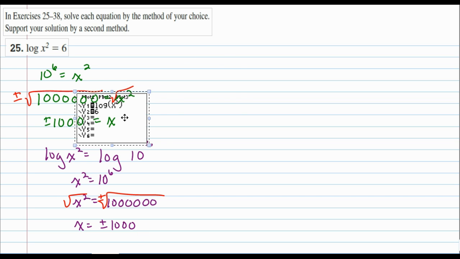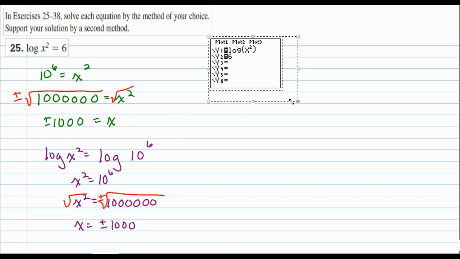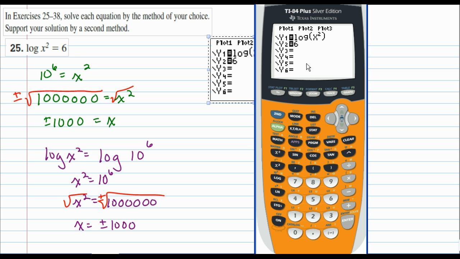So I put the left side into y1, the right side into y2, and I adjust my window. I know the x values are supposed to be positive and negative 1,000, so I went x min negative 1,500, x max 1,500, and then my right side is going to be y equals 6, so my y max of 10 was fine. And then I'm going to graph that and hopefully see the intersections.